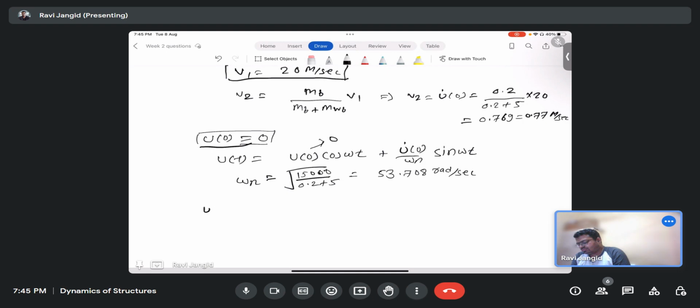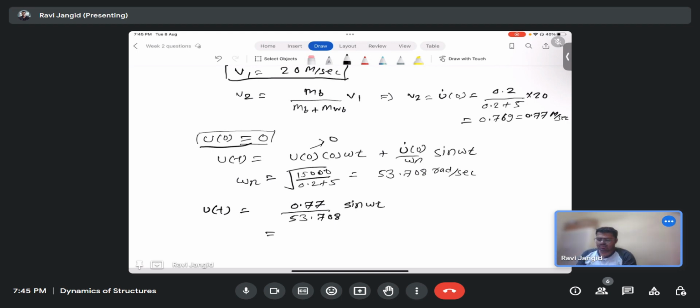It becomes u dot 0, which is 0.77, divided by 53.708, into sine omega t.